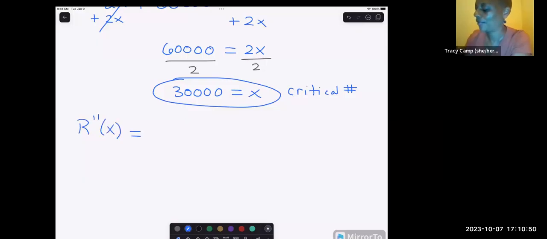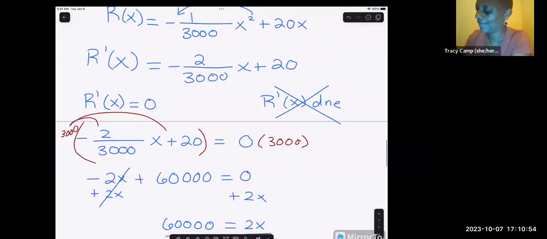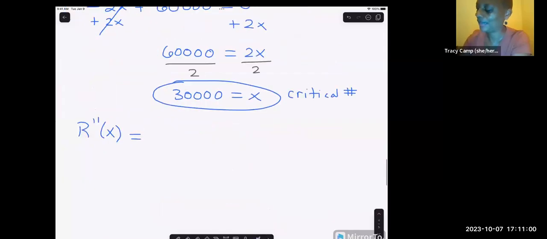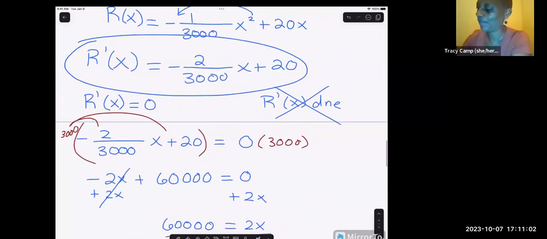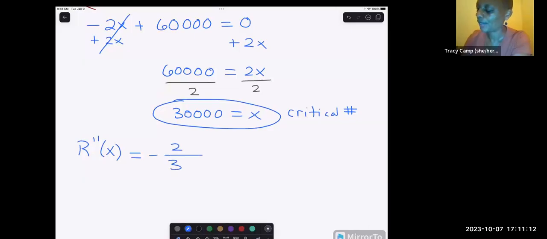Find the second derivative. I found the first derivative is this. So the second derivative is really easy because the derivative of 20 is just 0. And then I have just negative 2 over 3,000. So my second derivative is just negative 2 over 3,000, which is always negative.